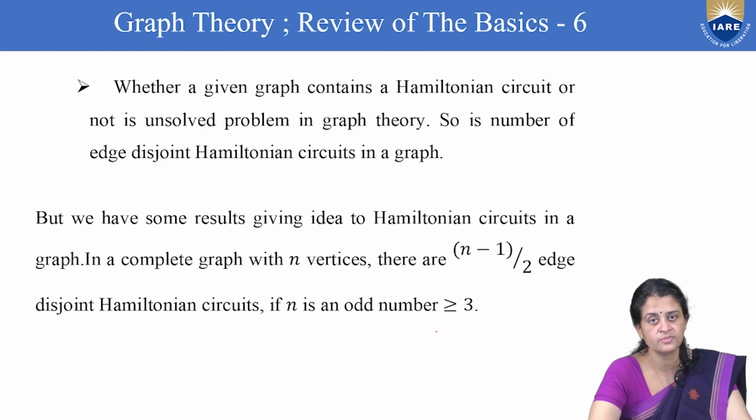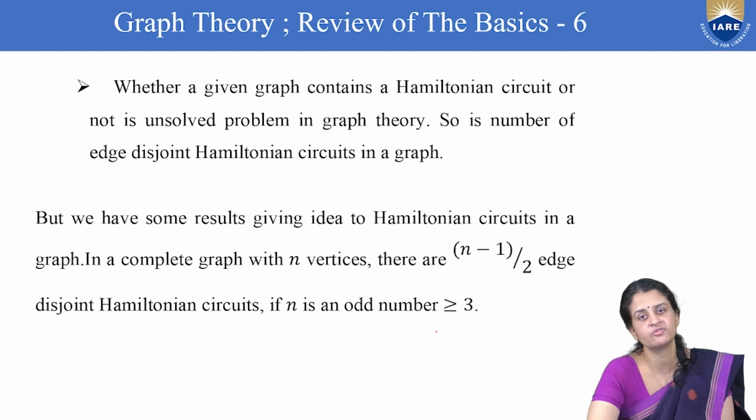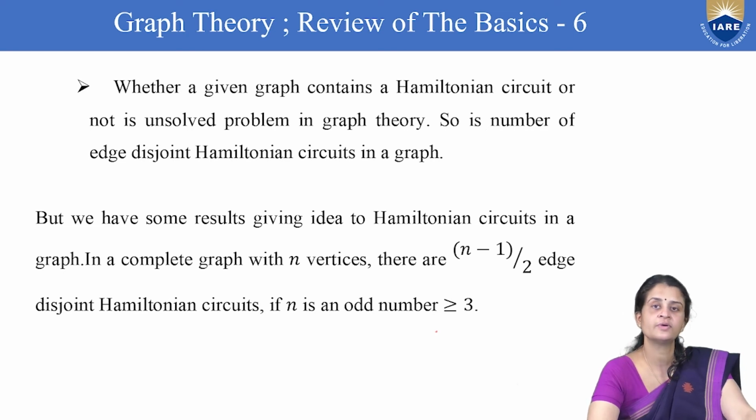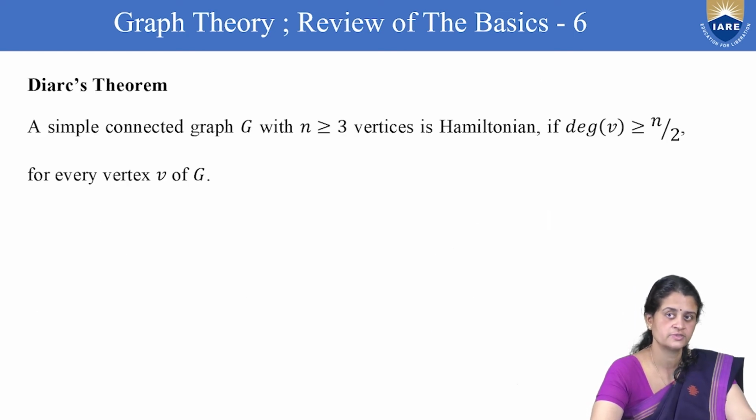But some results have been shown that give restrictions: if satisfied, the graph will be Hamiltonian, or if not satisfied, it will not be. But they have their own restrictions. We have seen that in a complete graph with n vertices, where n is odd and greater than or equal to 3, we can have (n minus 1) by 2 edge disjoint Hamiltonian circuits.